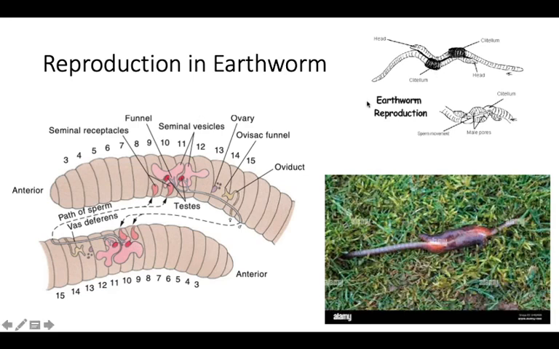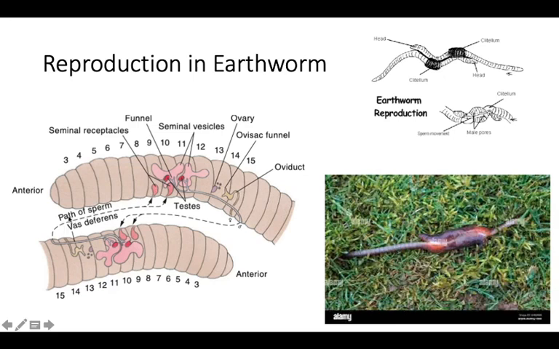This is the head region, the anterior of one earthworm. This is the anterior of the counter earthworm. Over here you can see the oviducts, which are responsible for the secretion of ova, and the counter receptive parts are called seminal receptacles.